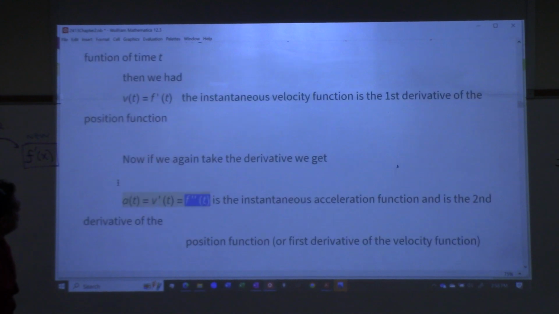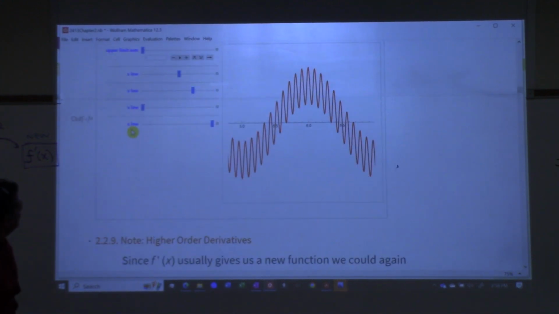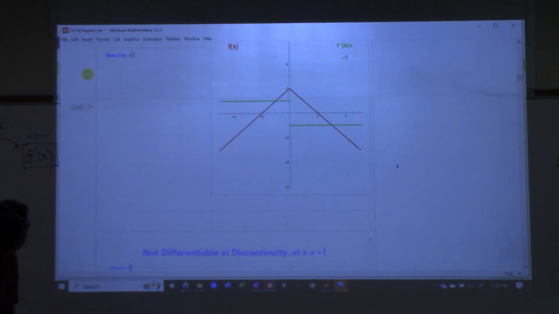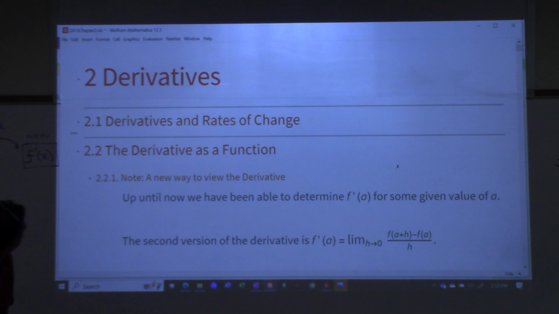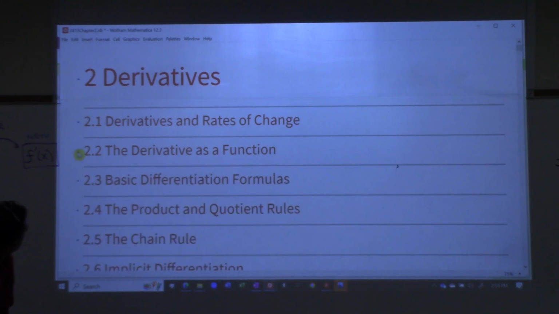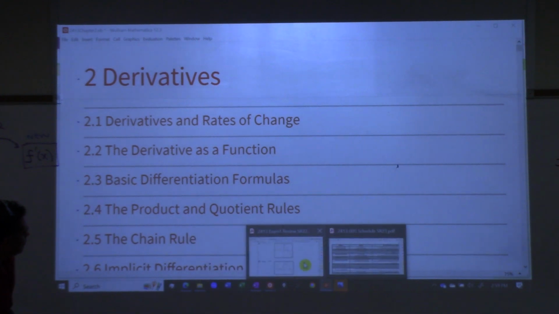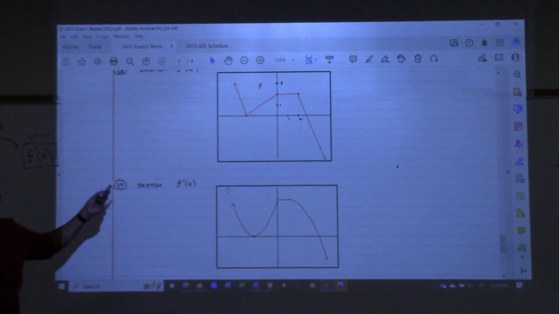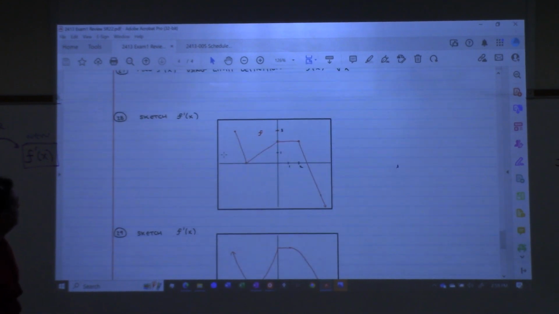All right, we're wrapping this section up. Let's look at this review real quick. These problems obviously came from this section, 2.2. Let's see what other problems came from here.